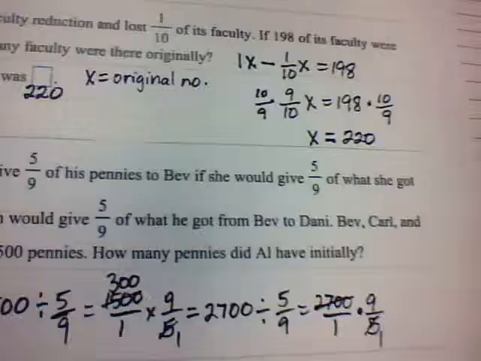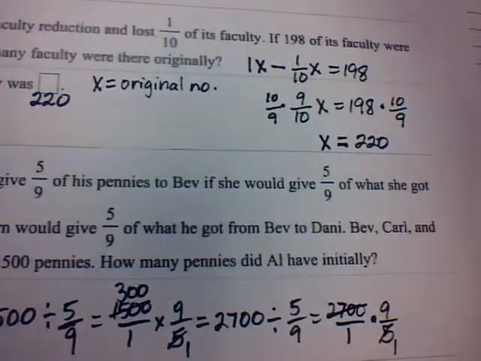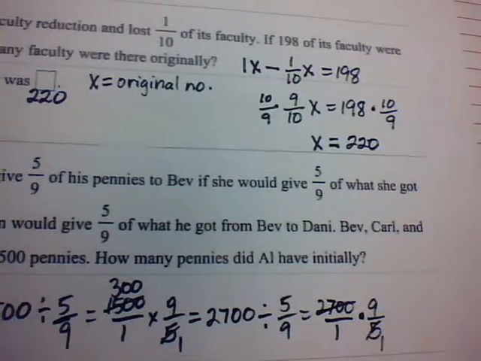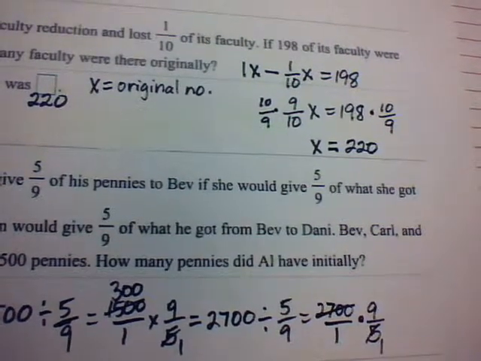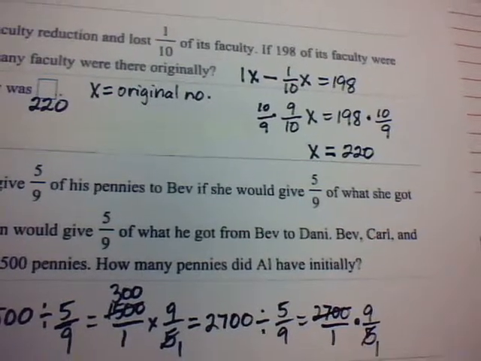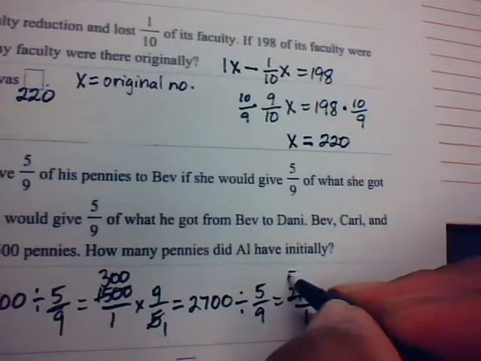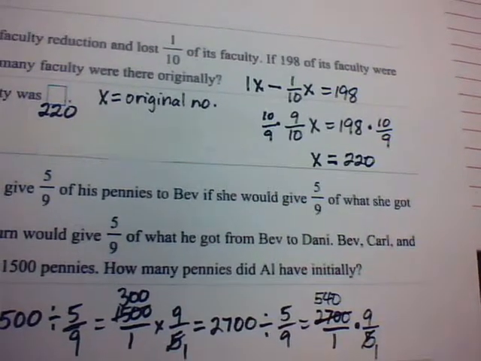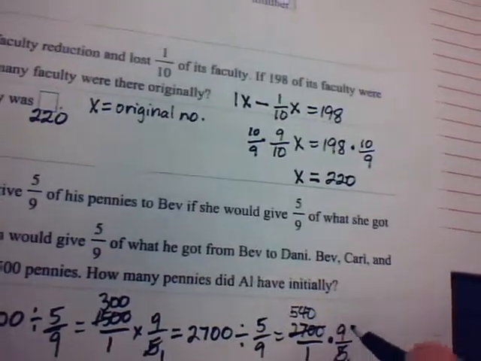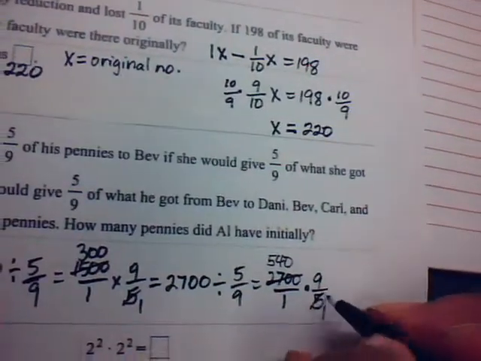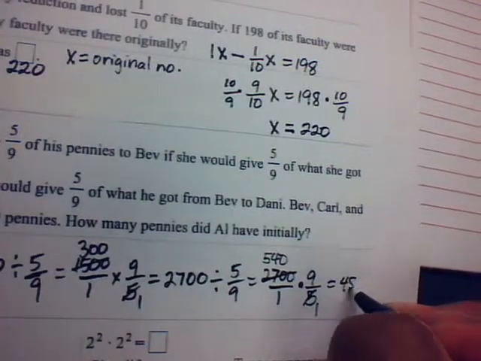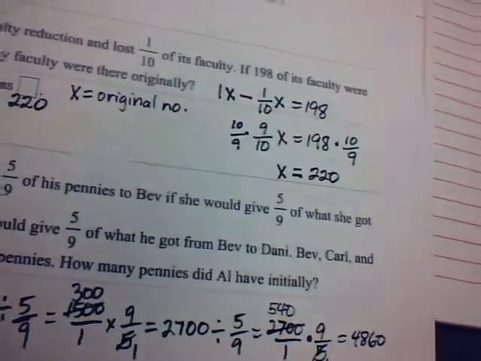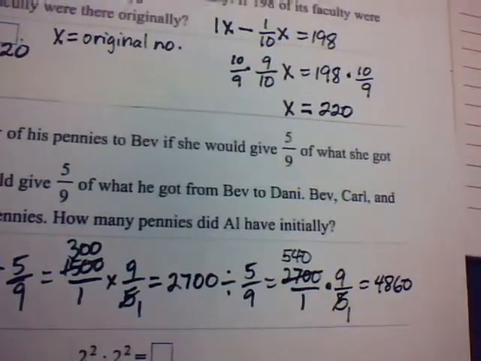And of course, 2,700 divided by 5, that's going to go 540. Then 540 times 9 is 4,860. So Bev has 4,860 pennies.